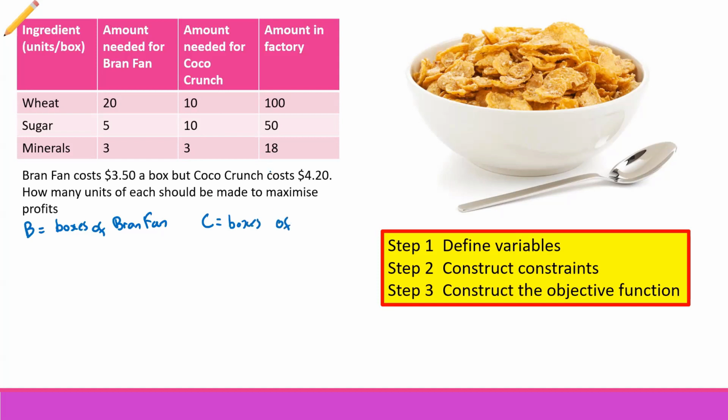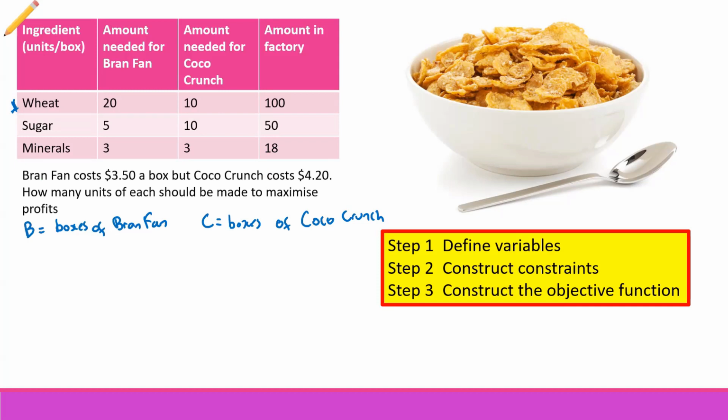Now, I'm going to help you guys with the first one, but I want you guys to tell me the answer to the other two. The first one is this, okay? So let's look at wheat first. We only have 100 units of wheat.